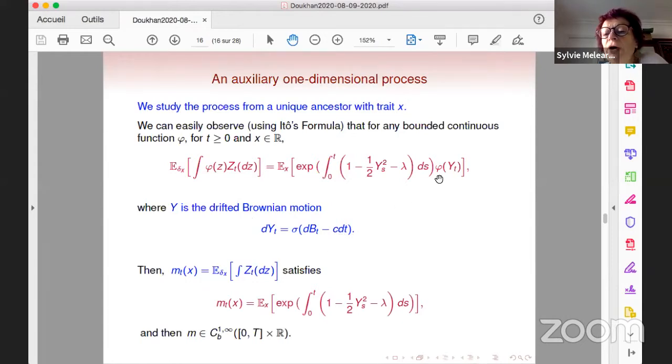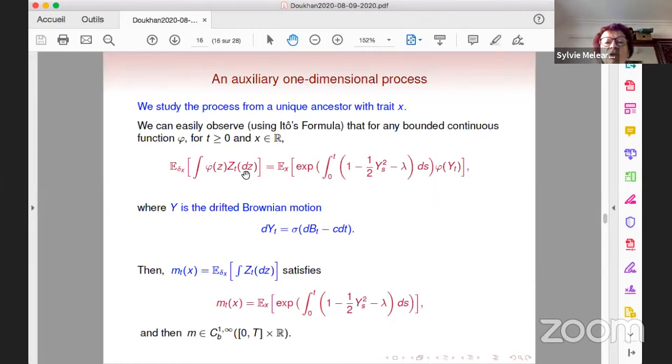Okay, and so you have this process, but here you have not just the law of this process, you have a multiplicative functional, which is the exponential of a term which only depends on the growth rate, 1 minus, so it's a birth rate, and here you have the death rate, y square over 2, plus lambda, and remember that the ecological part of our process has been replaced by lambda.